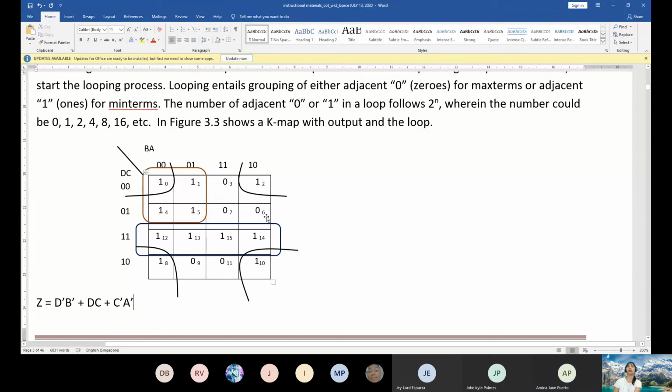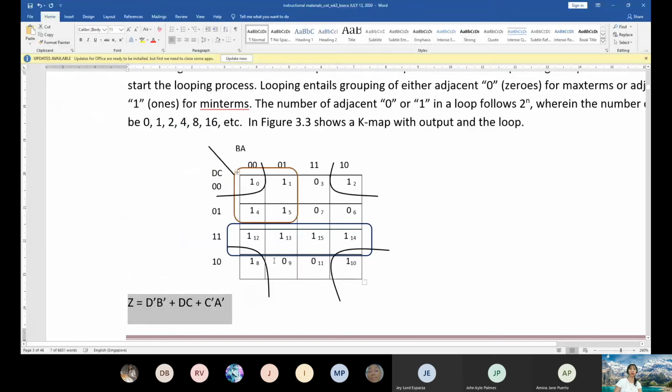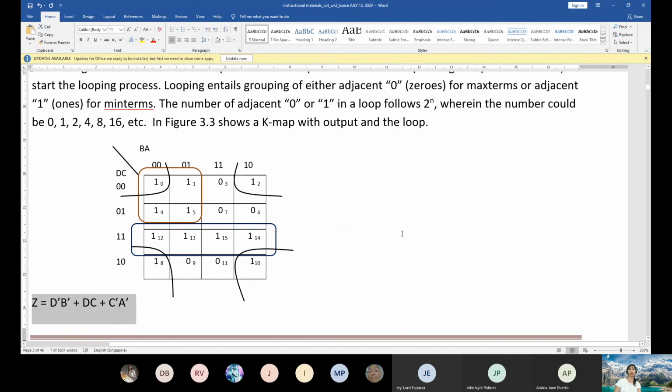So for the given truth table using K-map, the Boolean equation is just Z equals D prime B prime plus DC plus C prime A prime. As long as you don't get confused with looping, this is actually easier.